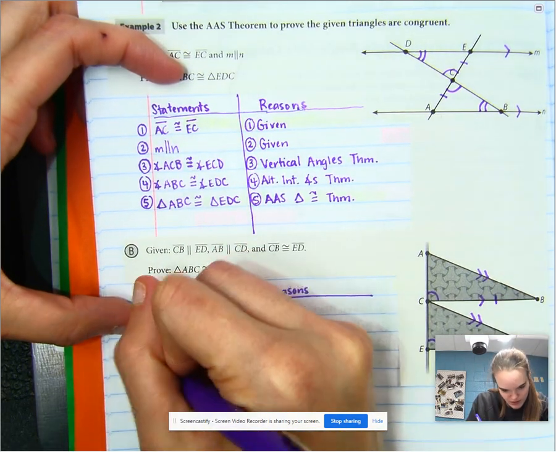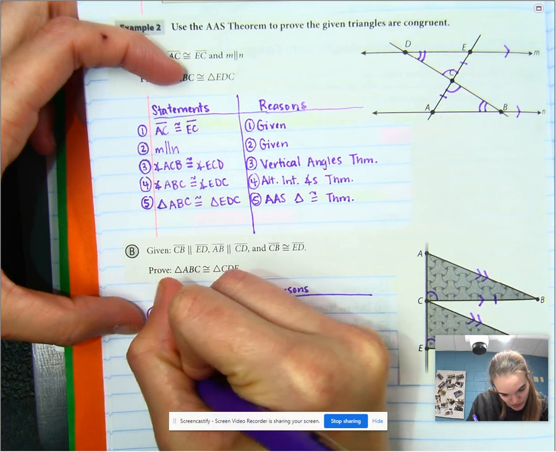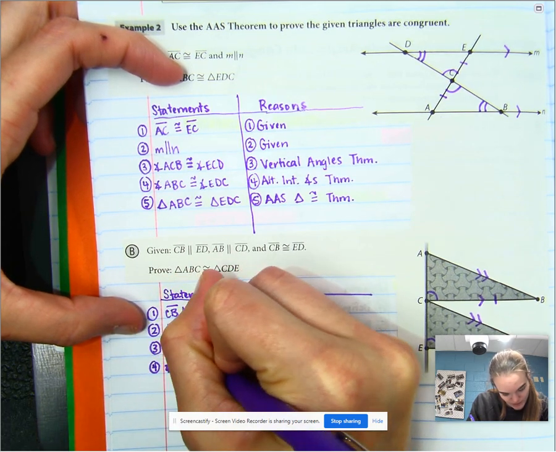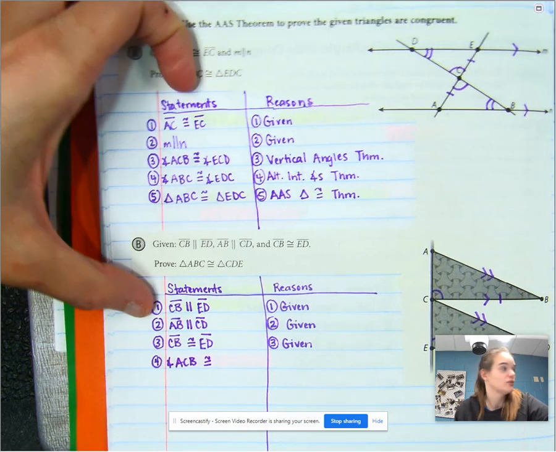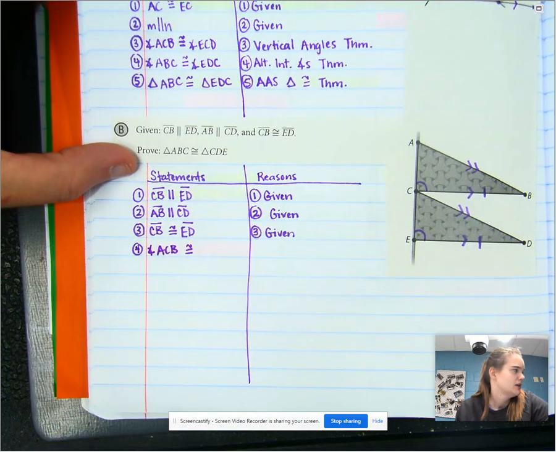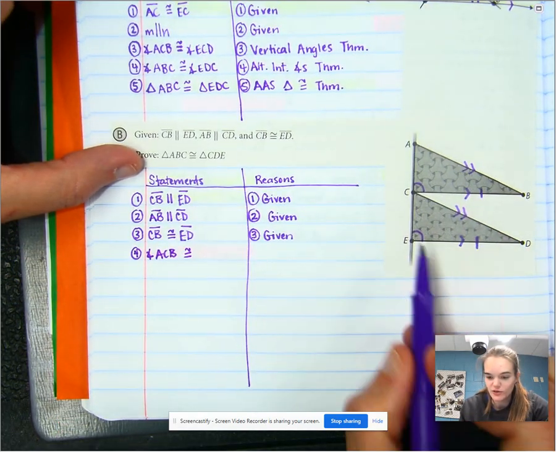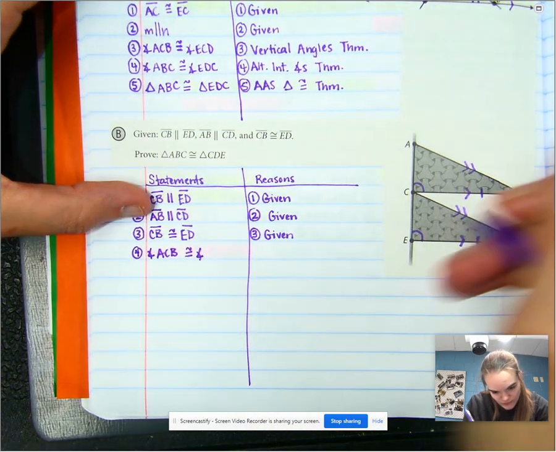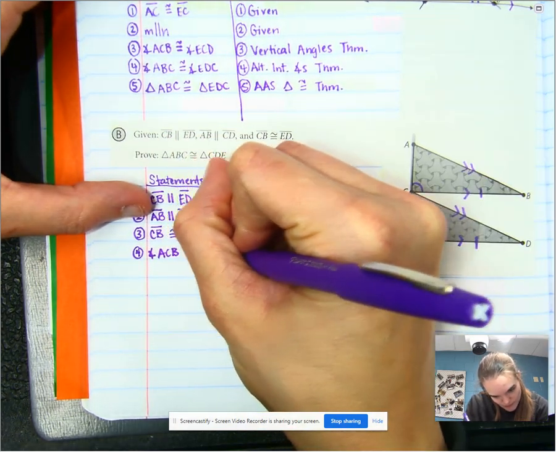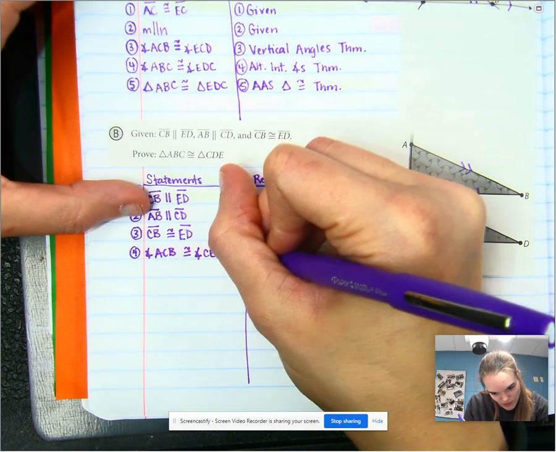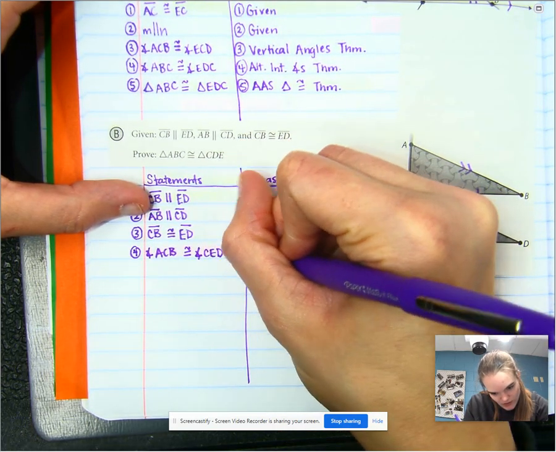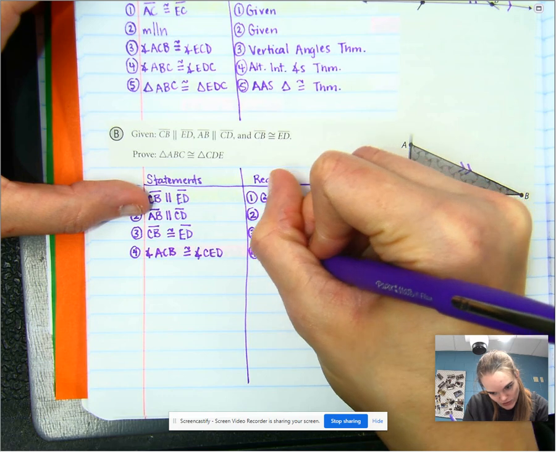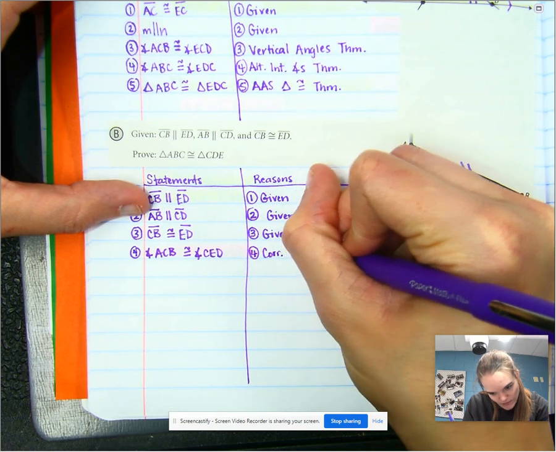A, C, B. They look like they are right angles, but we don't know that, so we can't say they are unless we know it. ACB is congruent to CED by the corresponding angles theorem.